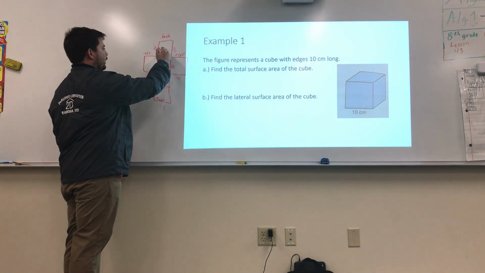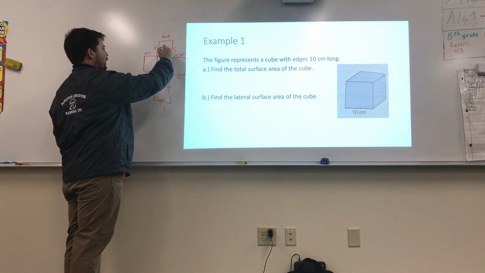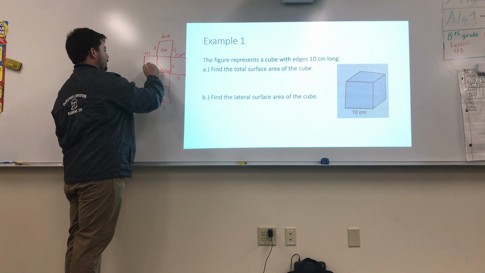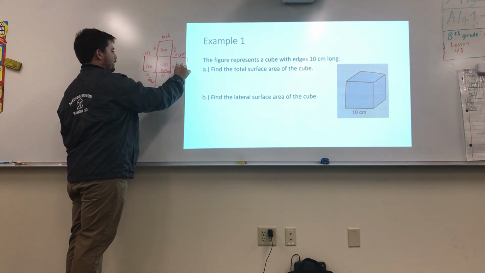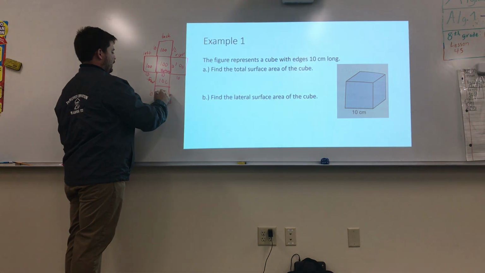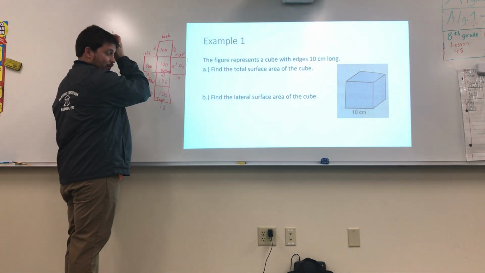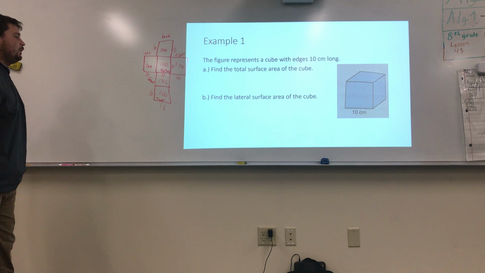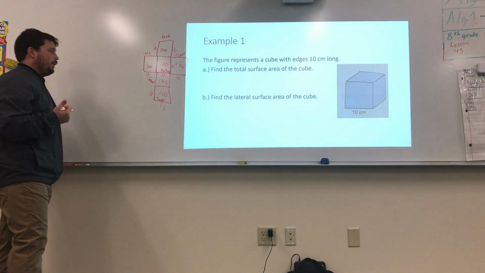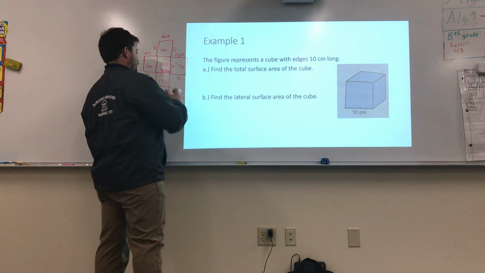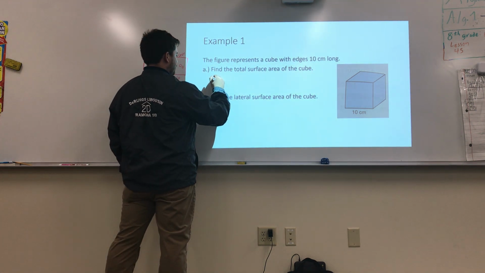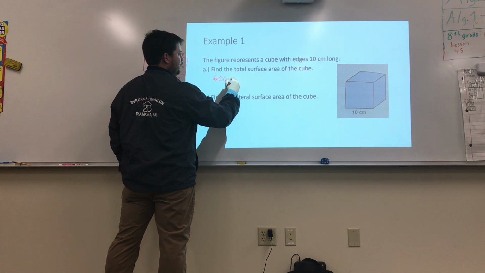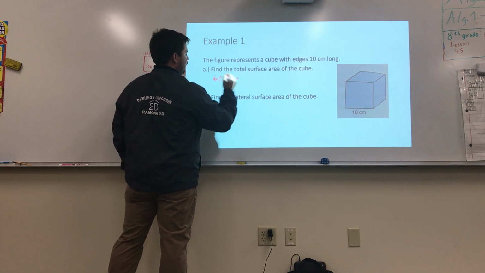The area of each one of these is 10 times 10, so that's 100. 100, 100, 100, 100, and 100. How many hundreds do I have here? So basically what you could have done is found the area of one and then multiplied it by 6, because there will be 6 of these hundreds, which means your surface area is going to be 600 centimeters squared.